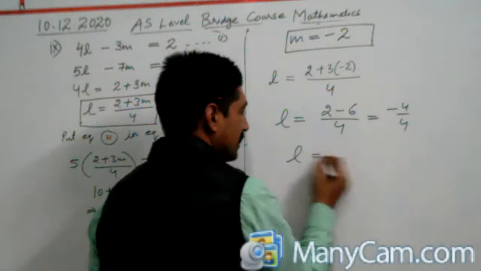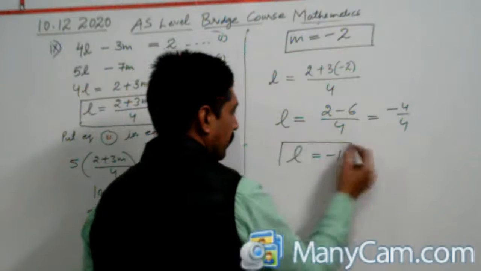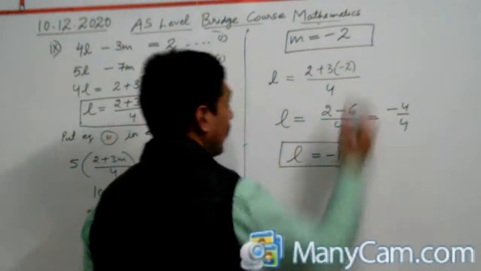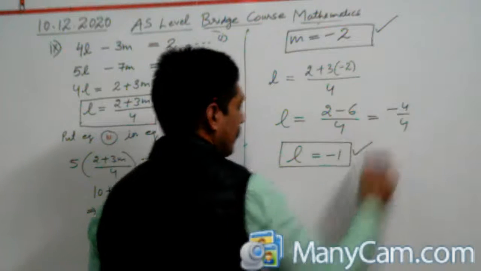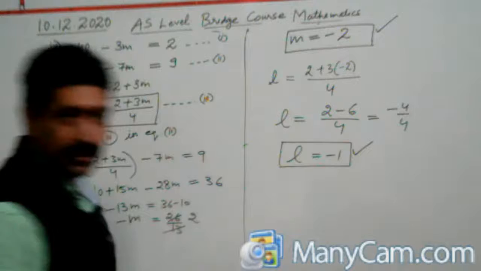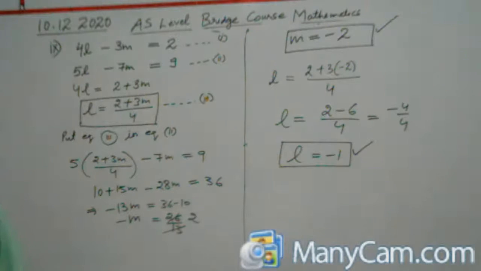So L is equal to minus 1. m is minus 2 and L is minus 1. These are the solutions for L and M. Right? In this way we can solve some equations.